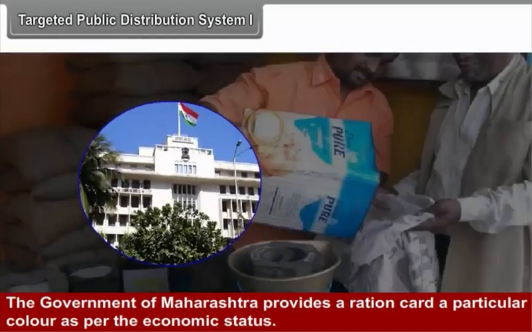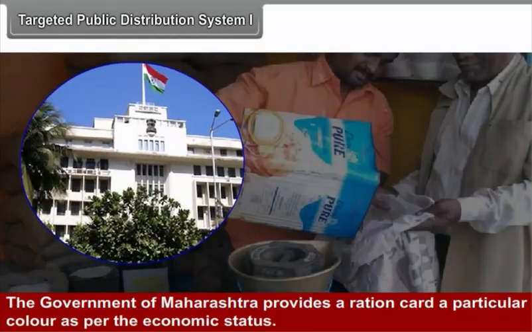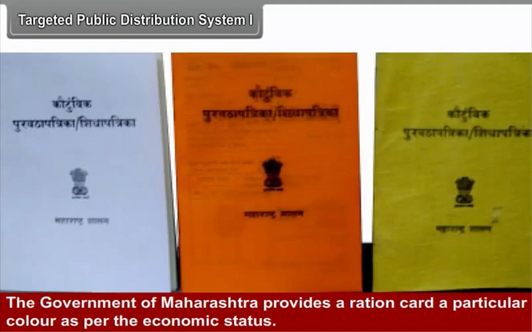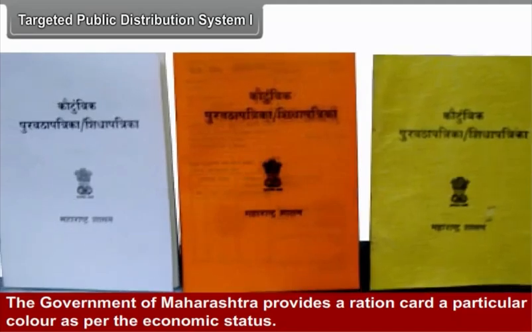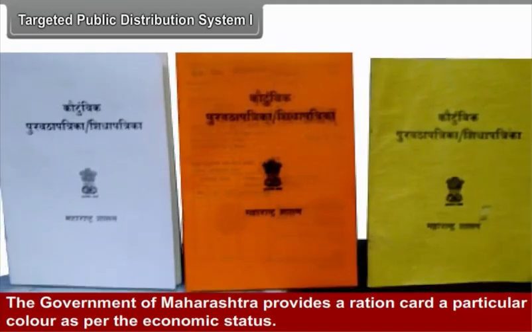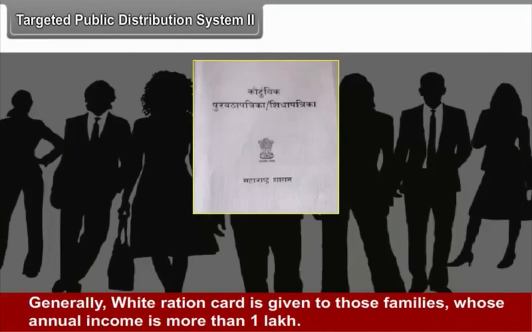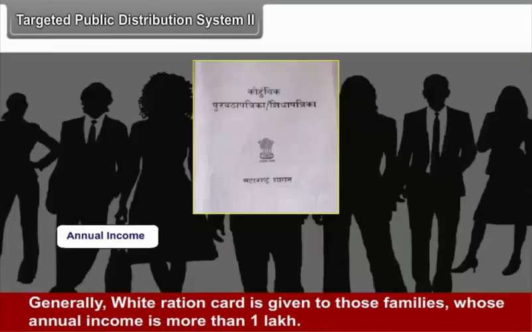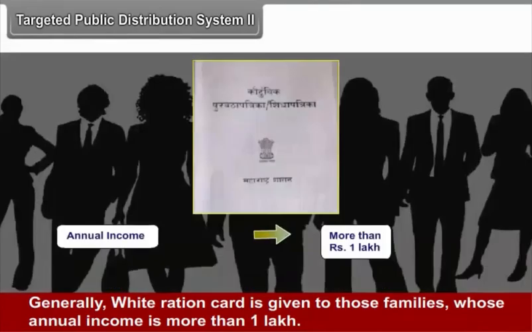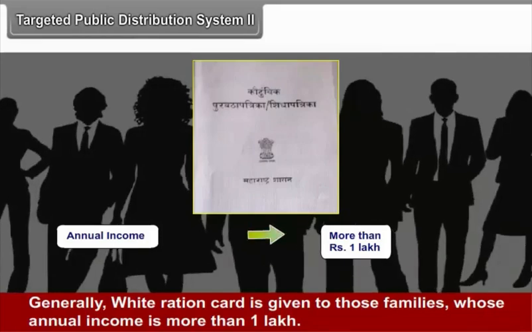The government of Maharashtra provides a ration card of a particular color as per the economic status. Generally, white ration card is given to those families whose annual income is more than rupees 1 lakh.